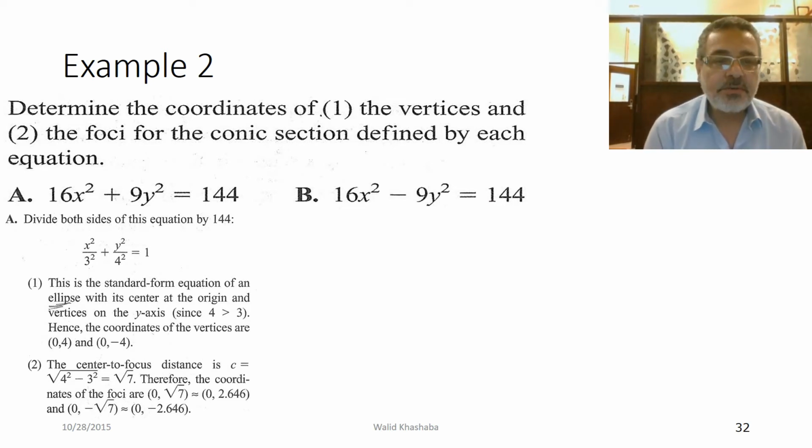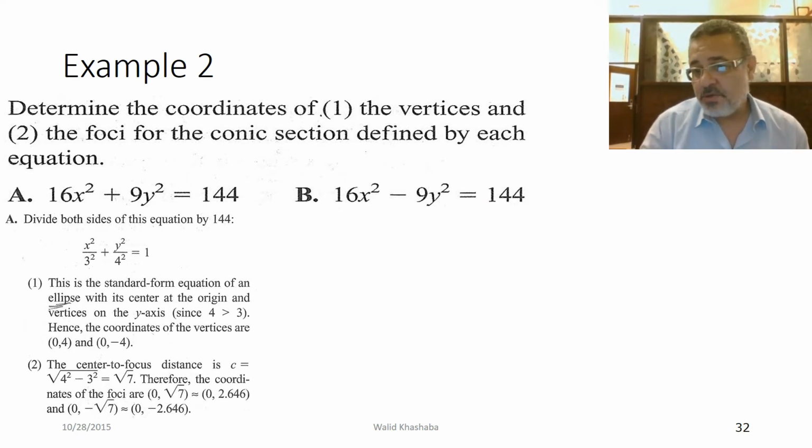It's the square root of 4 squared minus 3 squared, which is the square root of 7. Therefore, the coordinates of the foci will be 0 and root 7, and also 0 and negative root 7. These are the two foci.